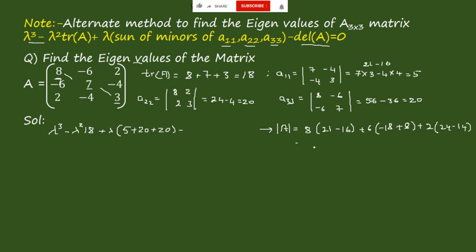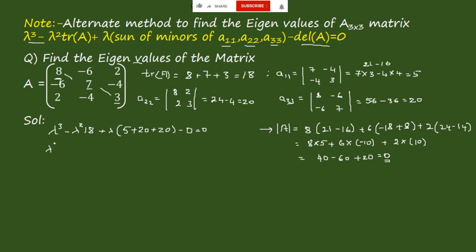So it becomes 8 into 5 plus 6 into minus 10 plus 2 into 10. 8 5s are 40 minus 16 plus 20, which is equal to 0. So we got the value as 0.